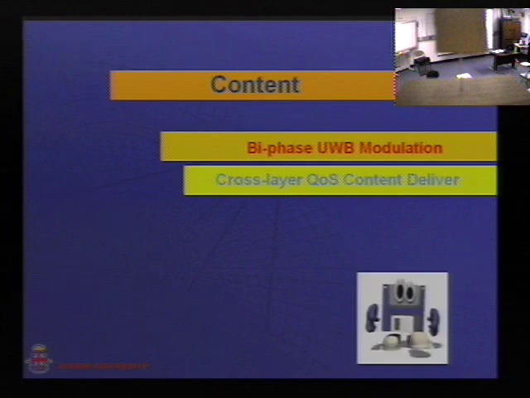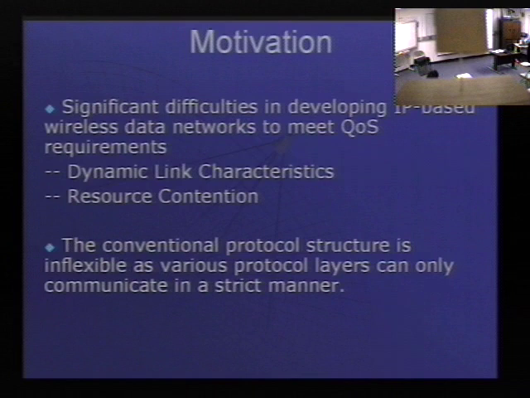So let's march on to the second portion. It's cross-layer QoS content delivery. Again, the motivation for why I'm doing this research: the significant difficulty in developing the IP network. Nowadays, everyone is talking about using IP. When I was in Montreal, people were talking about ATM versus IP, fighting like Democrats versus Republicans, over who wins.